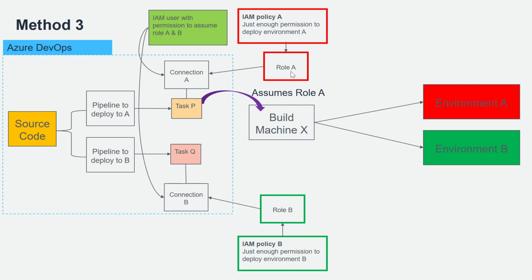And the role A, of course, has permissions to deploy into environment A. So this task can execute. And same for the task Q. When it tries to deploy into environment B, it assumes the role B and then deploys into environment B. So in this case, you are going to have only one IAM user with one access key and secret key. You can have multiple environments with multiple roles. And when it tries to execute, it's going to take temporary credentials to deploy to the environment. So it's more secure and more manageable.